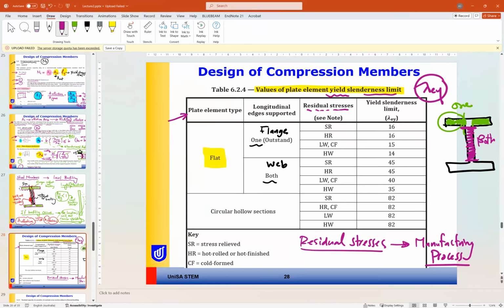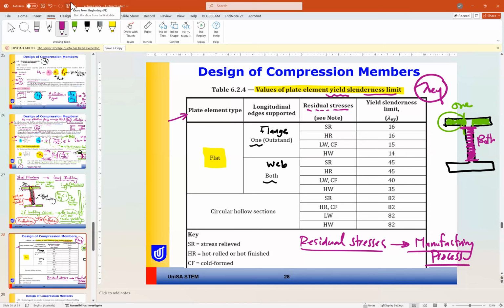If you remember the week one lecture, we have hot rolled steel and cold formed steel. For hot rolled steel, we need to apply high temperature to melt the steel and then form it. For cold formed steel, we form it at ambient or room temperature. So the residual stresses mainly depend on the manufacturing process.